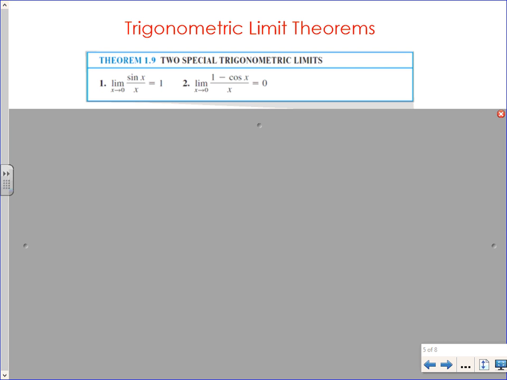Go ahead and get this picture here. Here are our 2 special trigonometric limits.